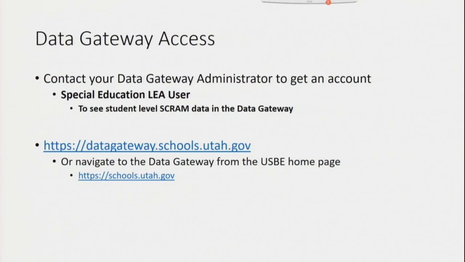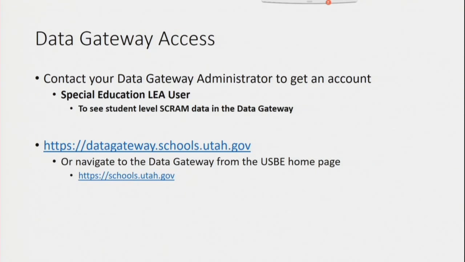Okay, so first you'll have to have access to the Data Gateway. If you don't already have a login to Data Gateway with access to this report, you'll want to contact your Data Gateway administrator. If you're the special ed director, then you should be given the access role called Special Education LEA User, and this will allow you to see the reports that we've designed for you to audit your data and see student level data for special ed students in your LEA.